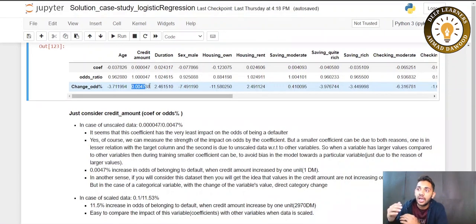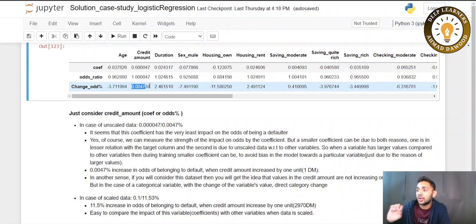If the standard deviation is 3000, then on average the difference between a typical customer's credit amount and another customer's is about 3000. Because the standard deviation is 3000, there is a deviation in our samples of about 3000 in credit amount.